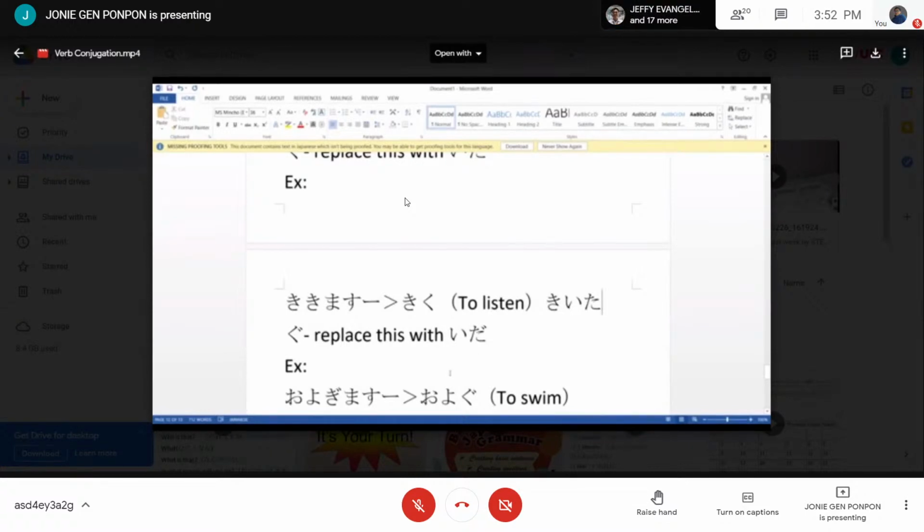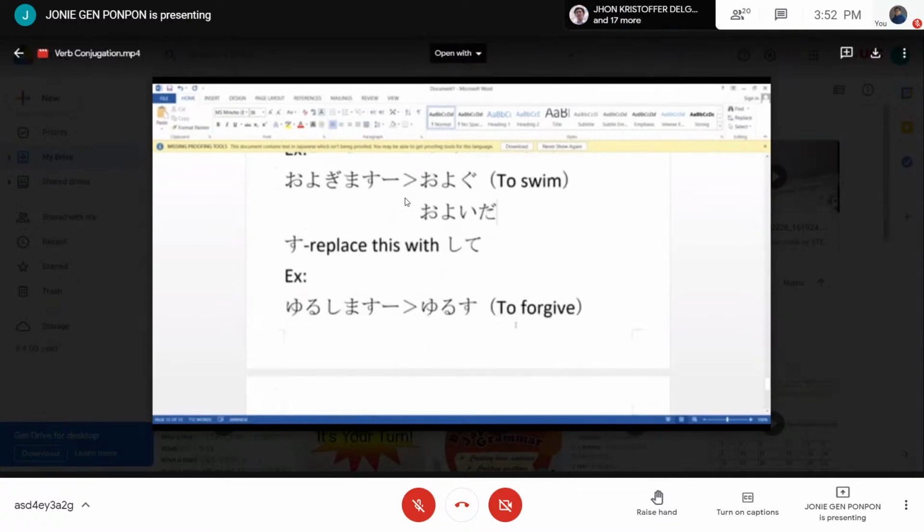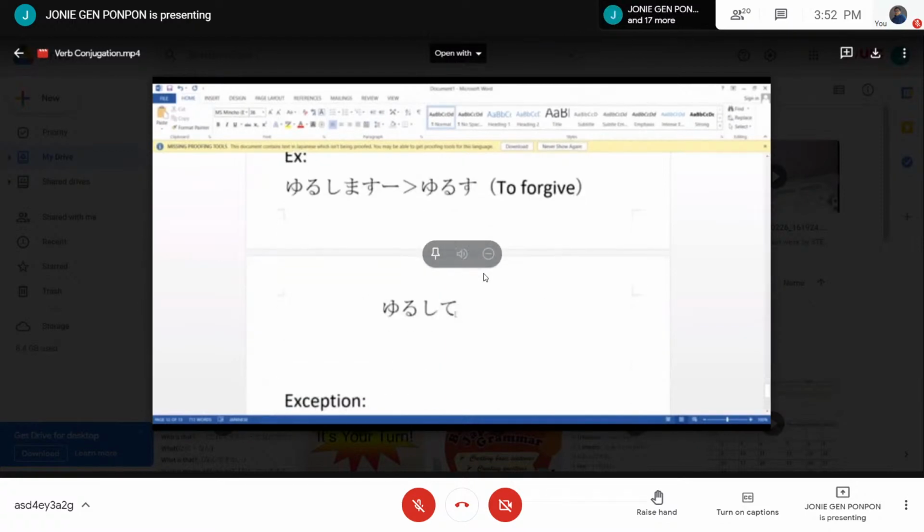And then for the gu, just replace this with ida. Okay, for oyogimashita, you can use oyoida. Now for su, just replace su with shita. For yurusu, instead of yurushimashita, yurushita.